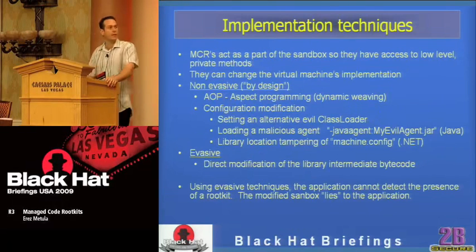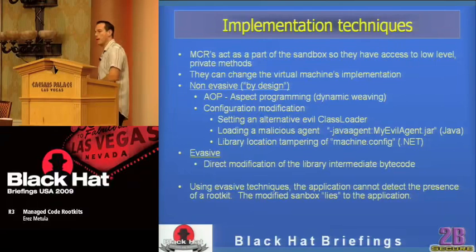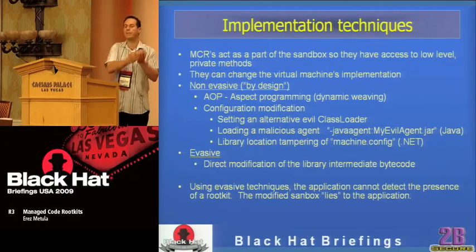When we're talking about implementation techniques, there are two ways of implementing MCRs. One is what I called a non-evasive technique or by design, and another is called an evasive technique. Non-evasive techniques are when the application-level framework lets you do it deliberately.